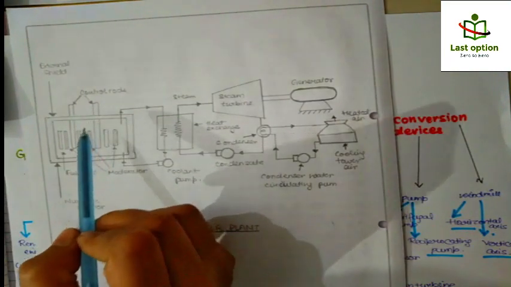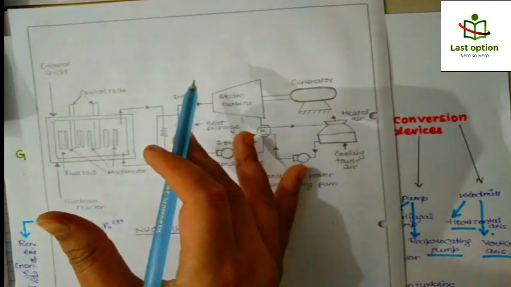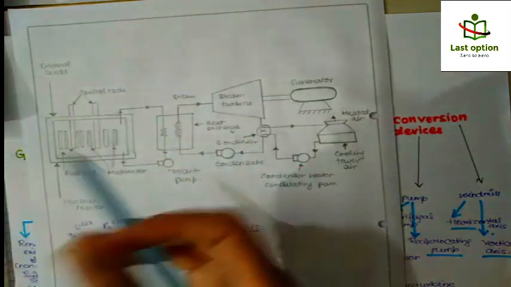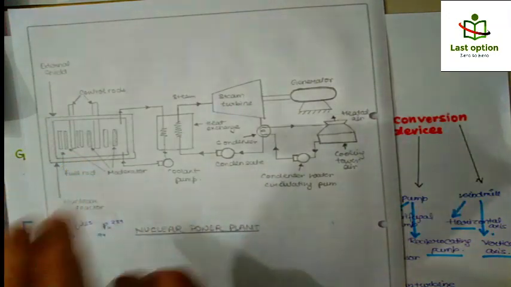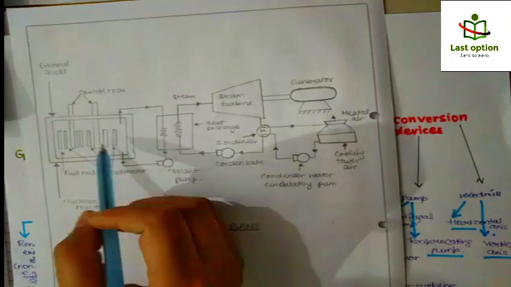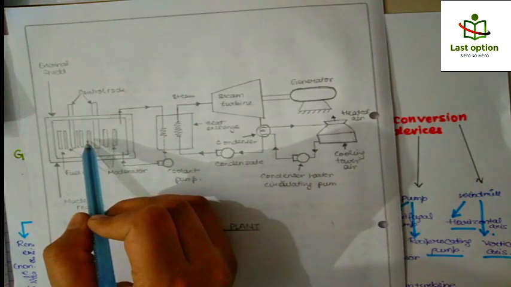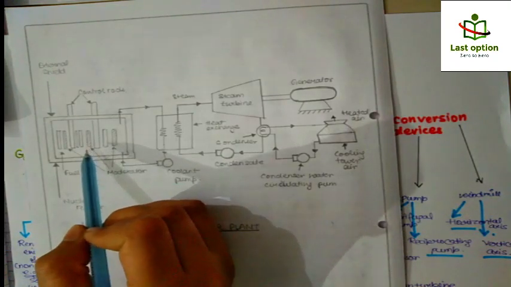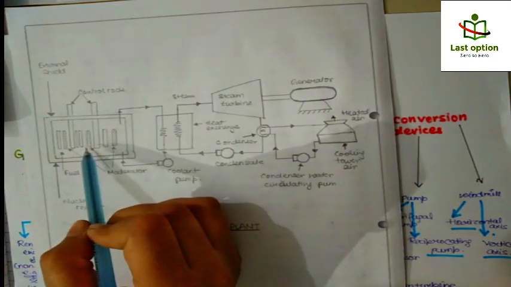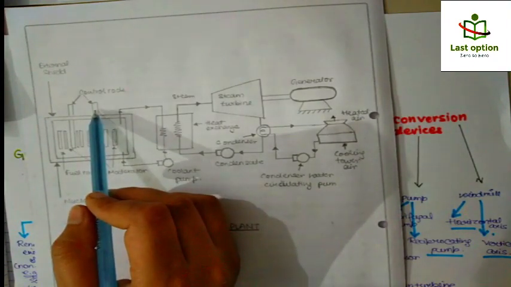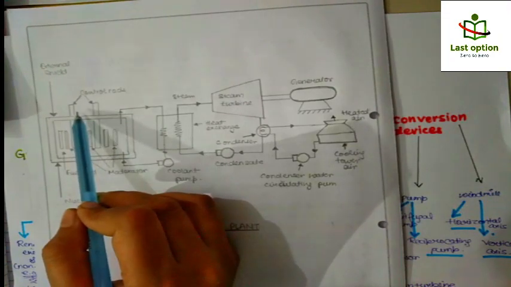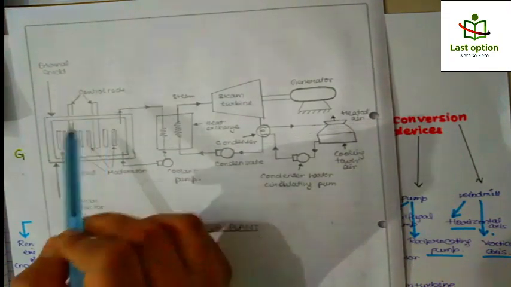We have a process in which fast moving neutrons are doing the work, so we have two main responsibilities: we have to keep the neutrons limited, and if they are too fast, we have to make them slow. So the moderator makes the neutrons slow, and the control rods absorb these neutrons. They are made of boron and cadmium.